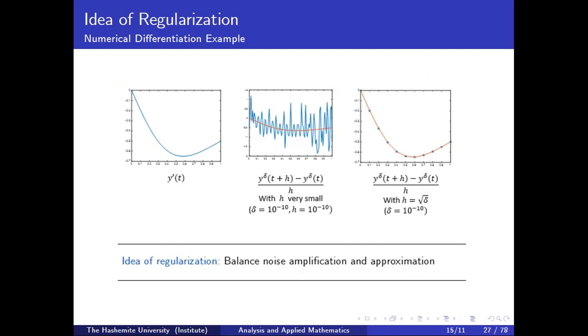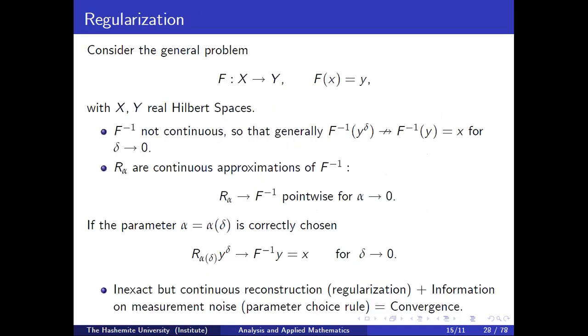So this is the idea of regularization. In regularization, you have to impose a parameter, and then you have to choose this parameter in a smart way to balance the approximation error and the data error. This is always the case when we are dealing with ill-posed problems in math. So keep this in mind.